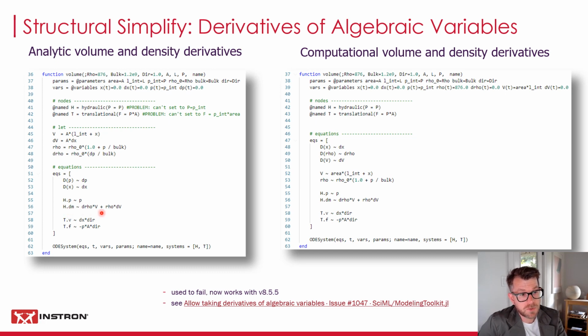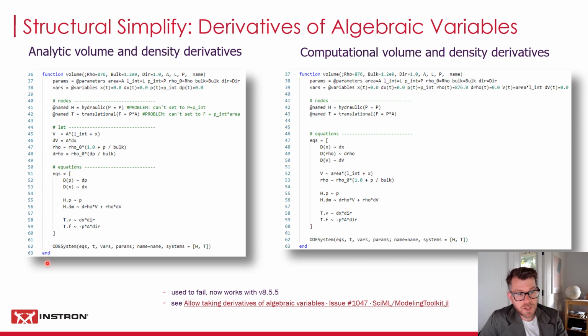So we have d rho times v plus rho times dv. Volume and density are algebraic terms based on the variables position x and pressure. Therefore, we require derivatives of these algebraic relationships. We can manually define these equations. In this case, they're straightforward, so we just define them here with just some symbolic terms.